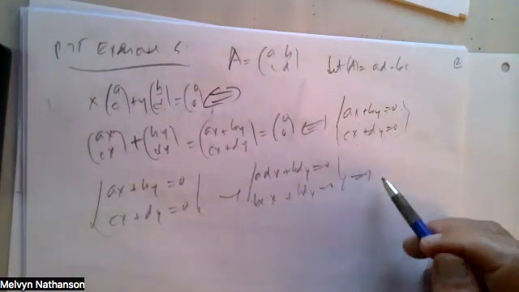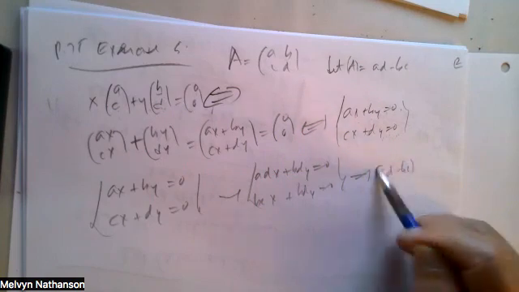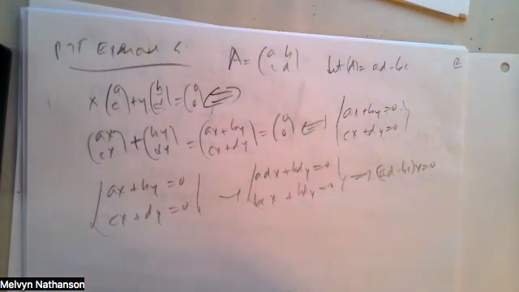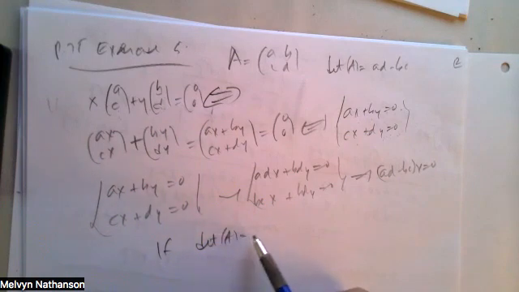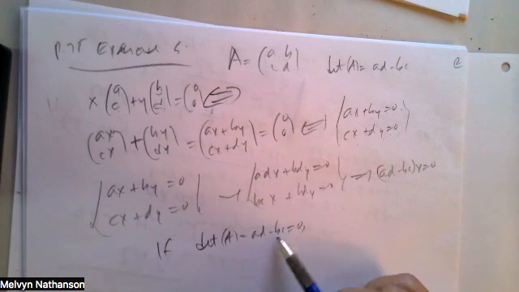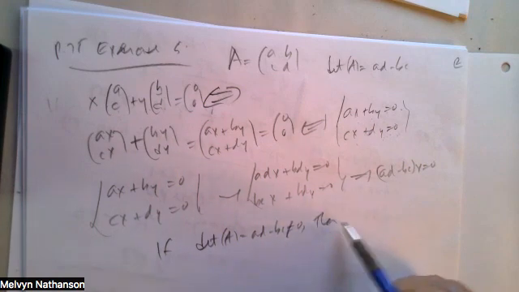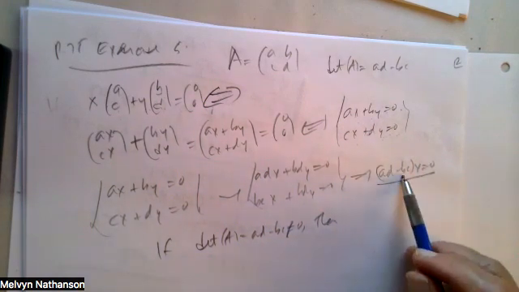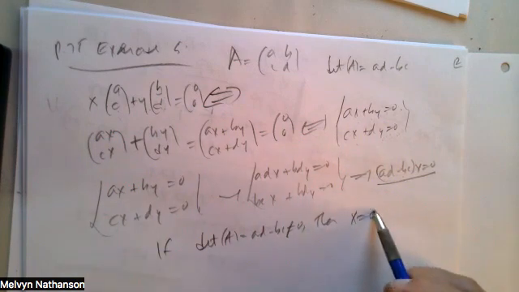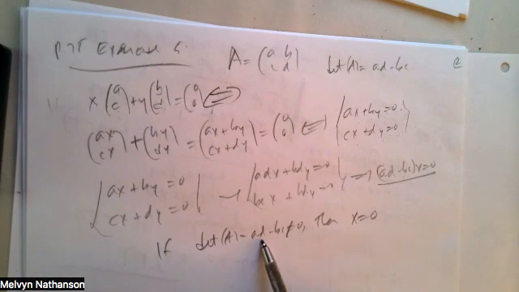When I subtract, I get (AD minus BC) X is equal to 0. So if the determinant of A, which is AD minus BC, is not equal to 0, then from this equation you can cancel AD minus BC and X equals 0. So if the determinant is non-zero, then X has to be 0.